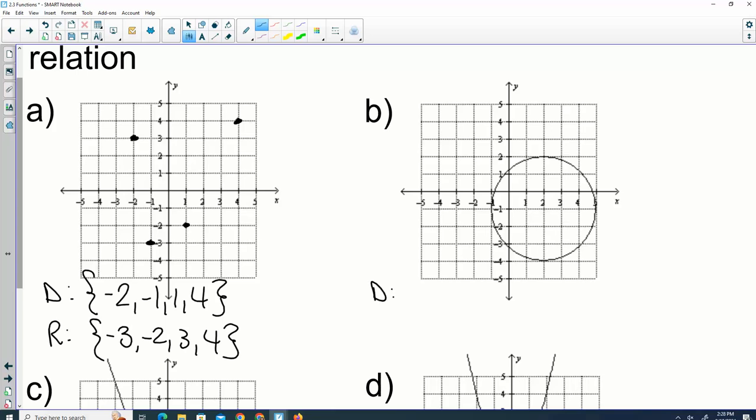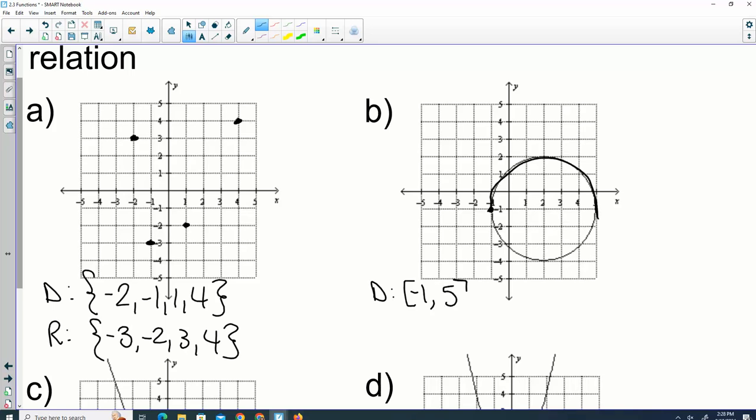Domain is your x's. So if we think going left to right, the first x value we hit would be -1. And do we do a parenthesis or a bracket for our interval notation? Bracket, because it does touch -1. It's equal to. And then if we keep traveling, we're going to hit all the x values until we get to the end, which is at 5.